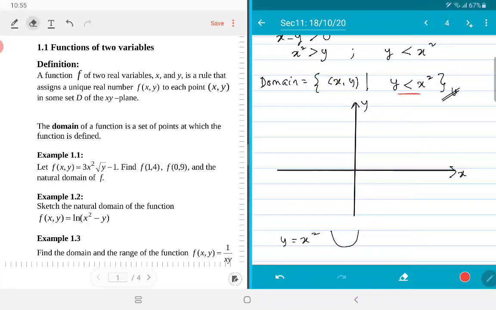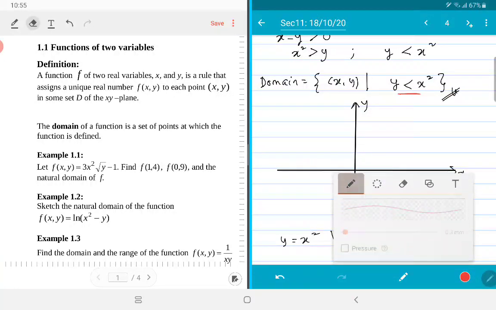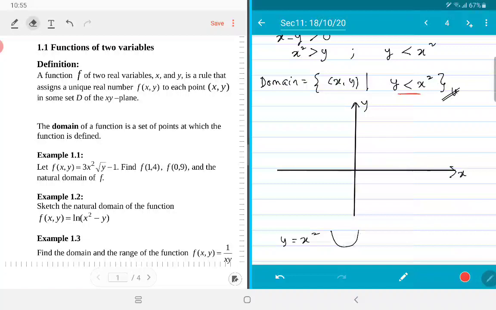So I'm going to erase this and plot it again, using the dotted curve, because all the points on this curve are not included in the domain of the function. Now we have two areas. One is above the curve, and the other is below the curve. We need to figure out which area represents y less than x squared.